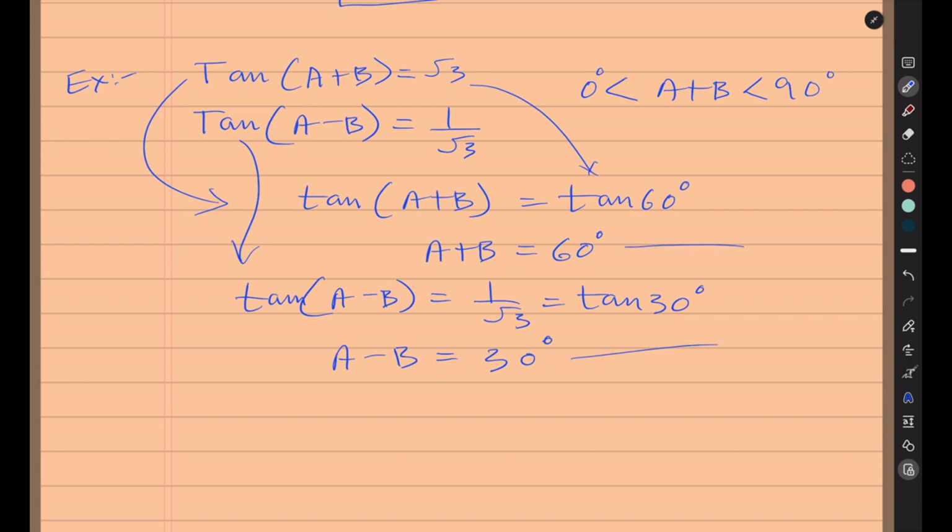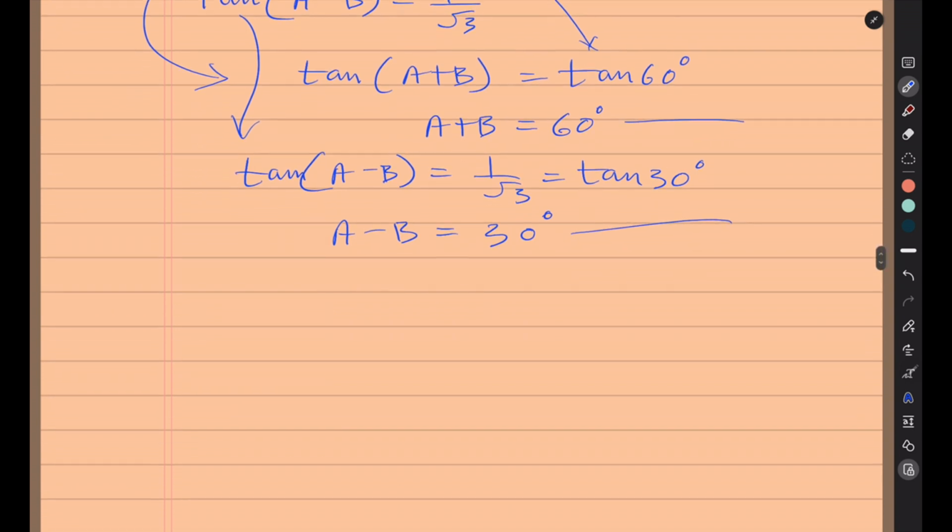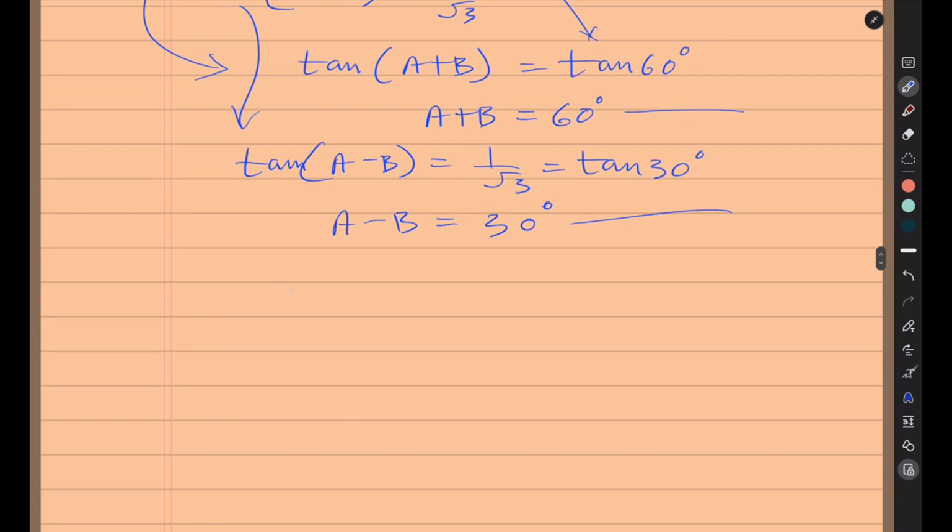So what can we derive from these two equations? In a simple fashion, let us add these two equations together. B will be cancelled, so 2 times A will be equal to 90 degree.